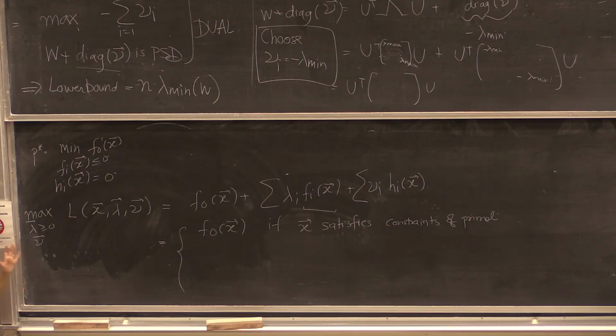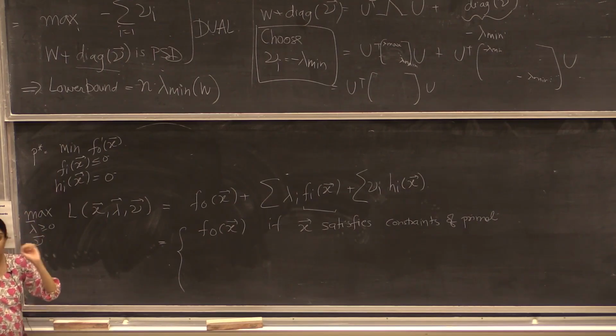I'm trying to maximize. I'm going to choose lambda equal to infinity. So what is the maximum value I can have for this if f1 of x was greater than 0? Infinity. f1 of x is just one example.